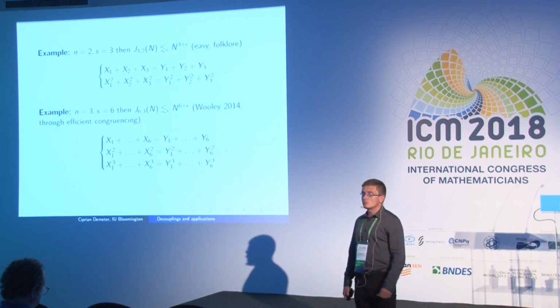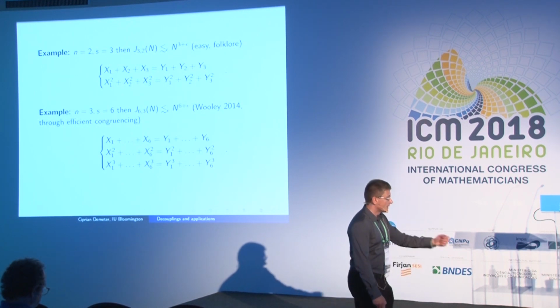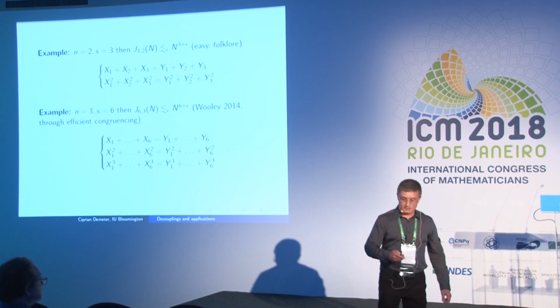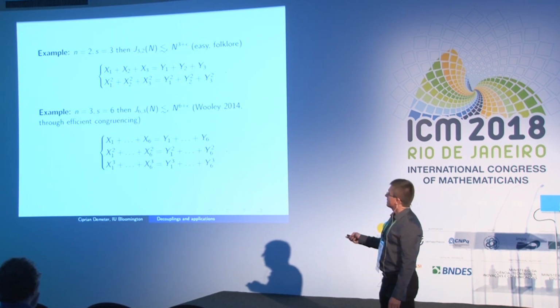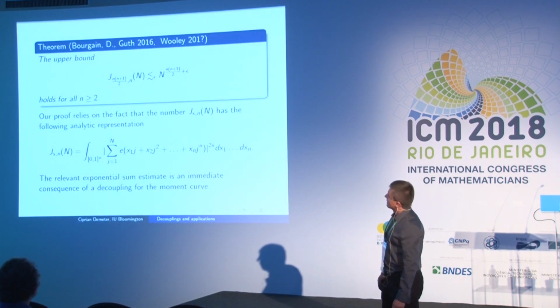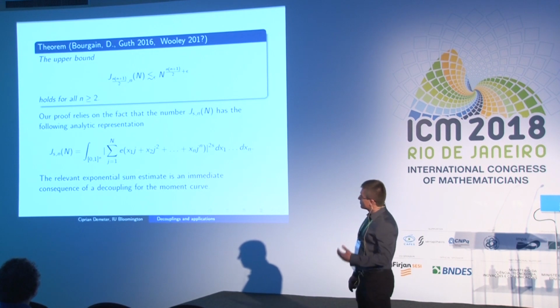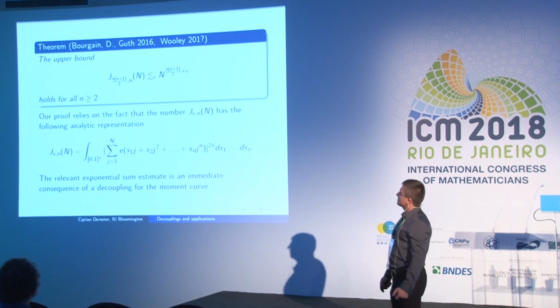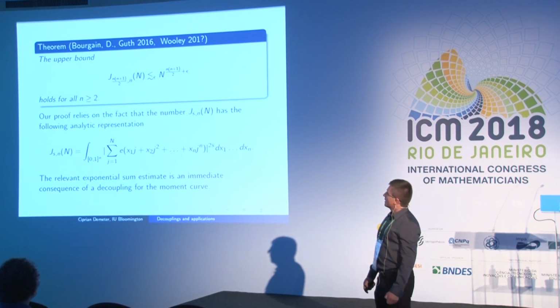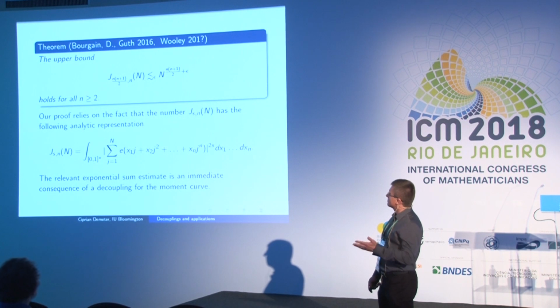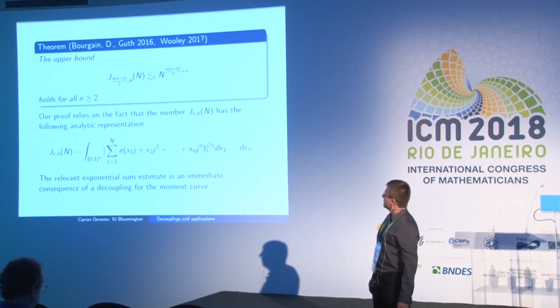Nevertheless, he was able to prove the sharp result. And as I hinted earlier, at the end of 2015, the paper appeared in 2016, we managed to prove the theorem in all dimensions. And Trevor was able to refine his methods soon after that to reprove this result.